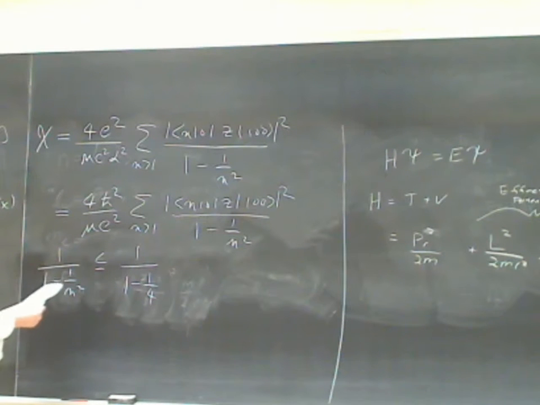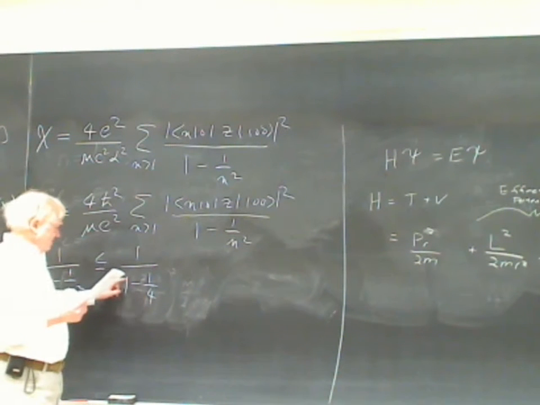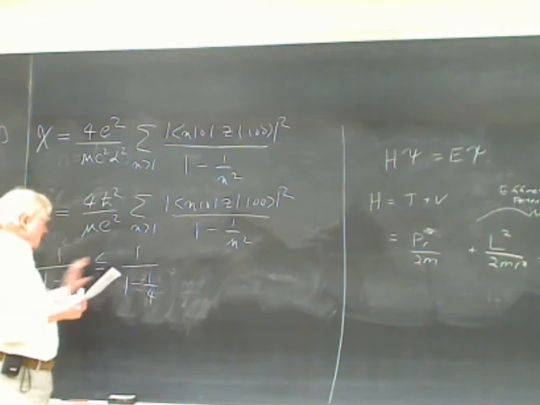Yeah, that's right. Well, let's see. As you take n to infinity here, this goes directly to 1. And this is 3/4, so 4/3. So indeed, 1 is less than 4/3.